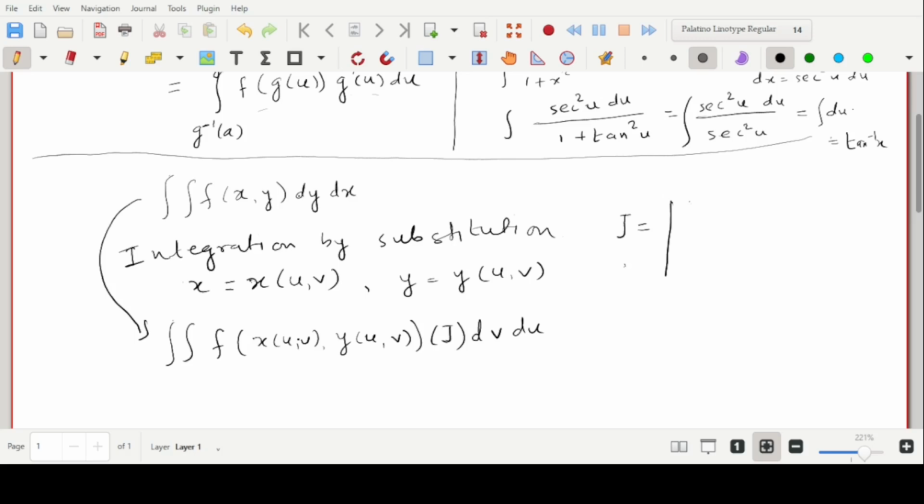Alright, so the Jacobian is given as the determinant of del x del u, del y del u, del x del v, del y del v.